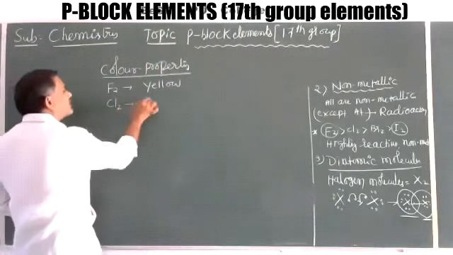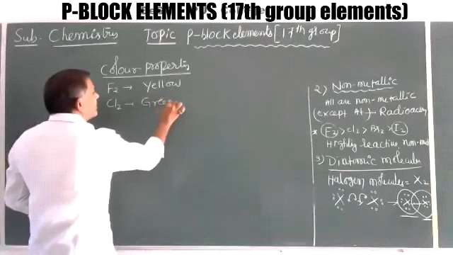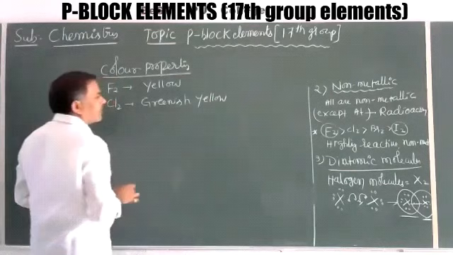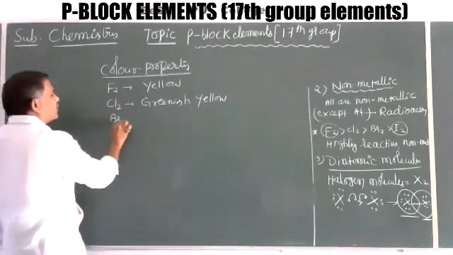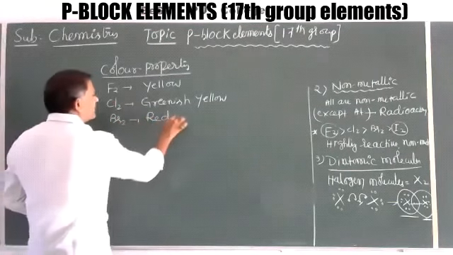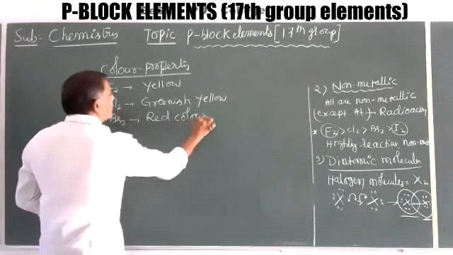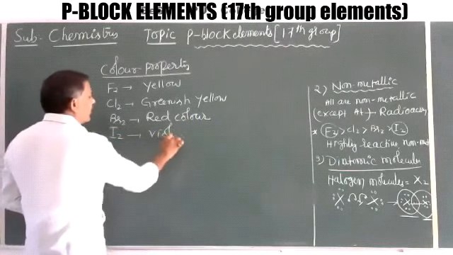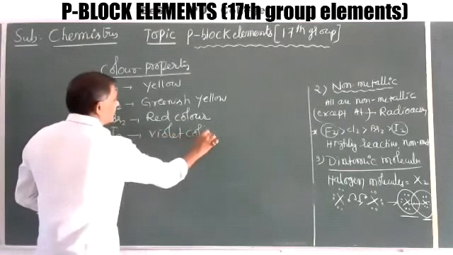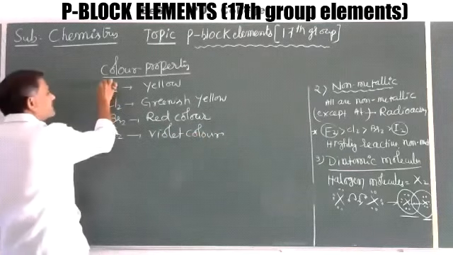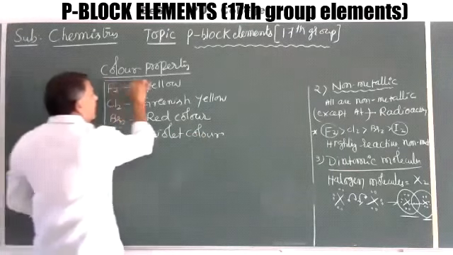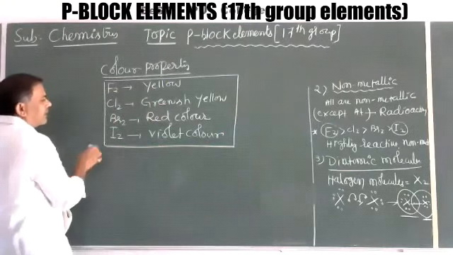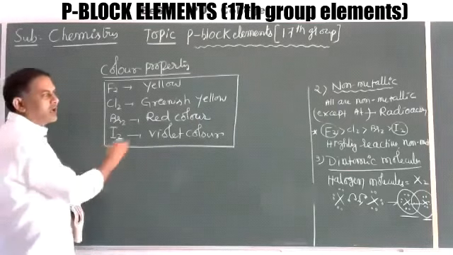Cl2 is greenish yellow in color. Br2 is red or reddish brown in color. I2 is violet in color. Astatine is a radioactive element. All the remaining ones, in gas, liquid or solid state, exhibit some color property.